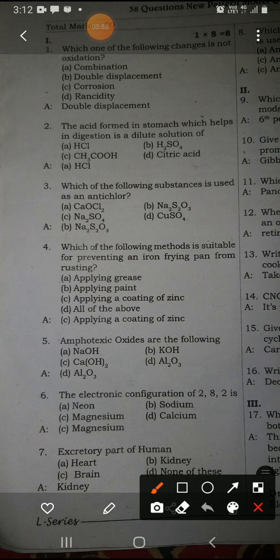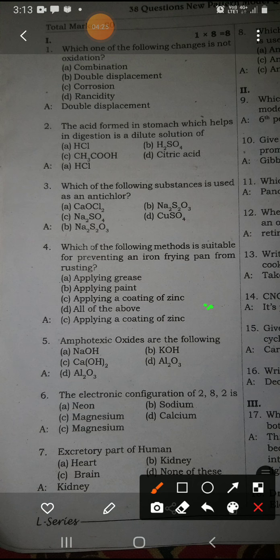Remember that Na2S2O3 is the substance used as an anti-chlor, for the reverse of the chlorine process. This is one of the rarest questions, and I don't think you will get it in the examination, but remember this: Na2S2O3. So this is used as an anti-chlor.